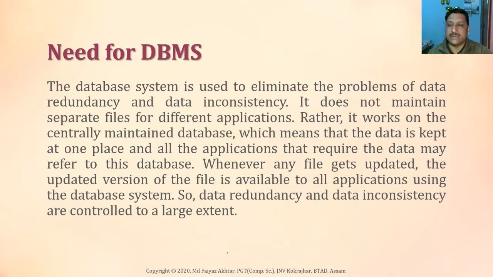See, understand here. A database system is used to eliminate the problems of data redundancy. What is the meaning of data redundancy? Actually, in the traditional file system, where physical files are needed to store information, there are large registers, or khata bahi, like these things.